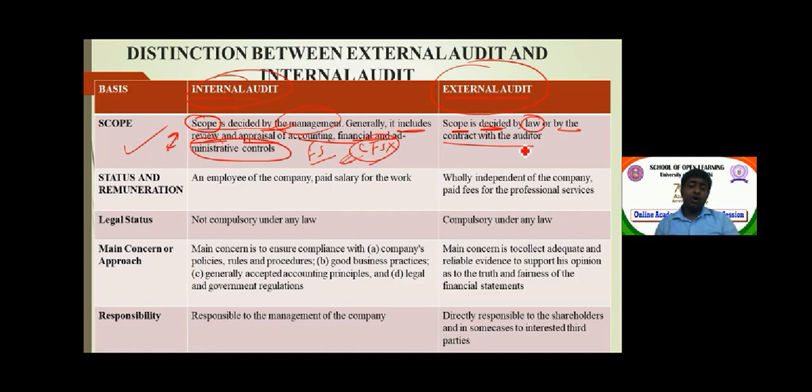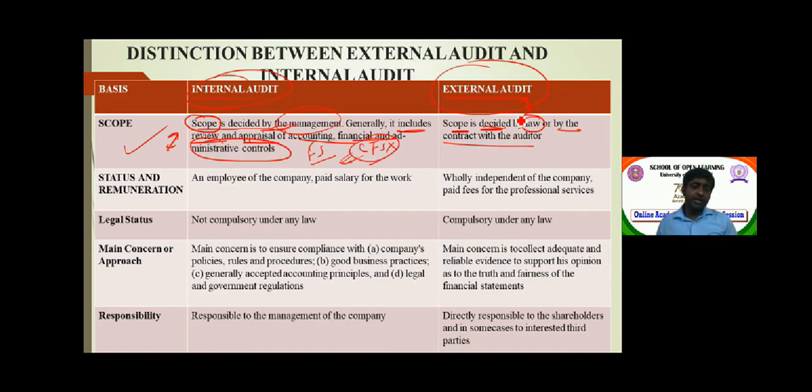If the law is saying that I, being the external auditor, am supposed to audit the financial statement, ratio analysis, fund flow statement, cash flow statement, I am going to do it for sure, because I am doing my job as per the law. Whatever the law is dictating to me.